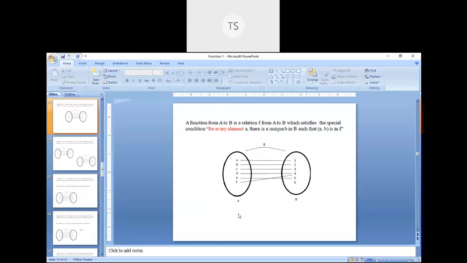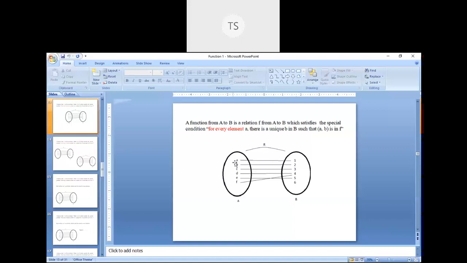So, if you have this kind of relation, for every element of set A, there is a unique element in set B. And from each element of set A, there is one arrow mark to some element of set B. Is it correct?